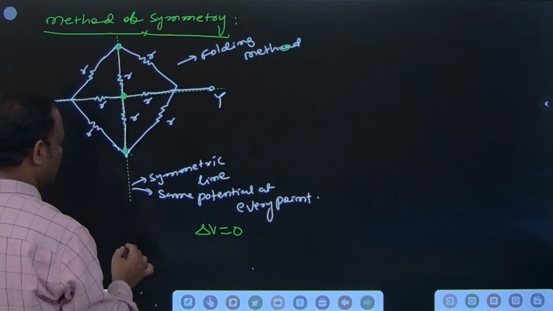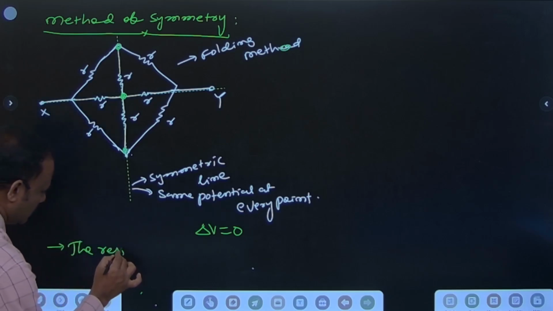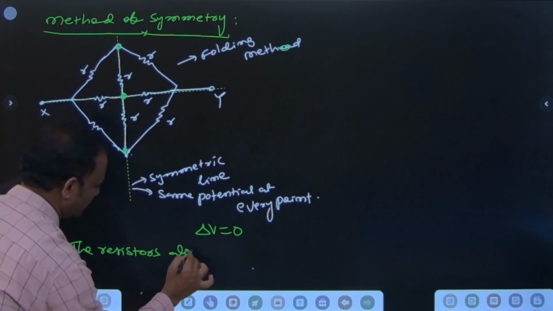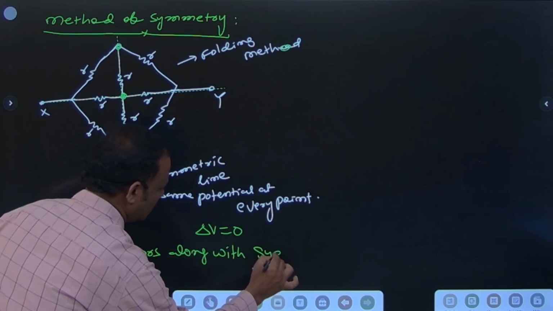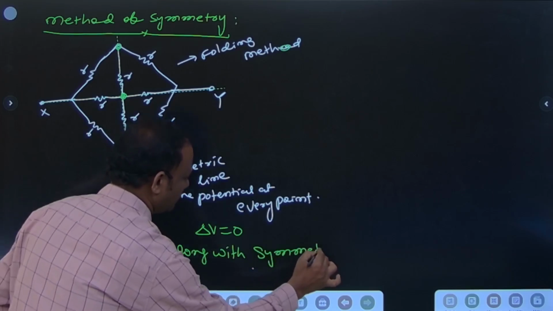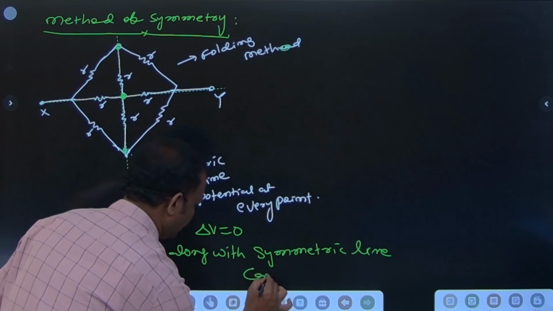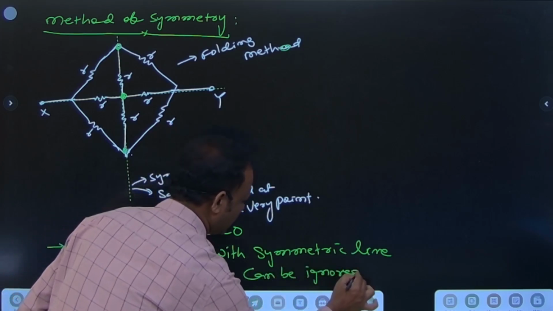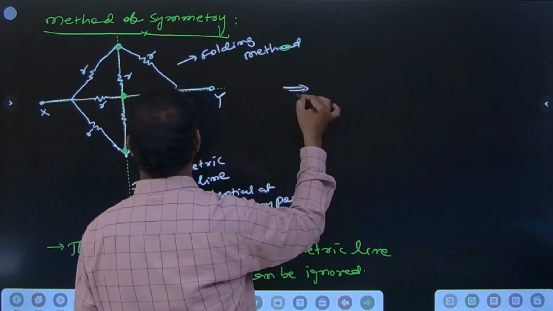The resistors along with the symmetric line can be ignored or removed.